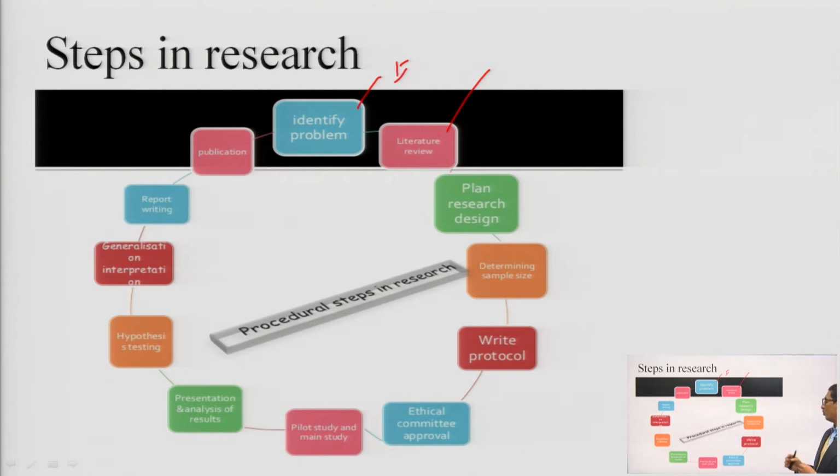After writing the protocol, we send it to the ethical committee for approval. After ethical committee approval, we do a pilot study to test our objectives before starting the main study.